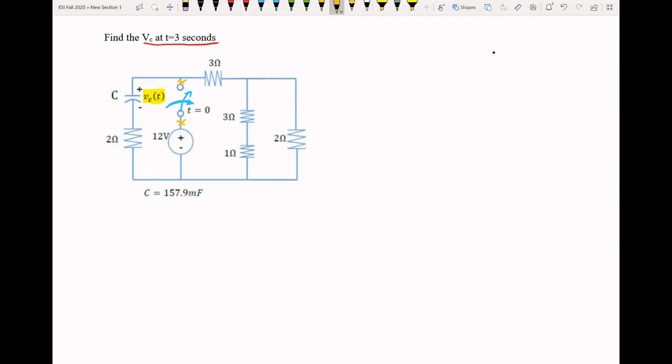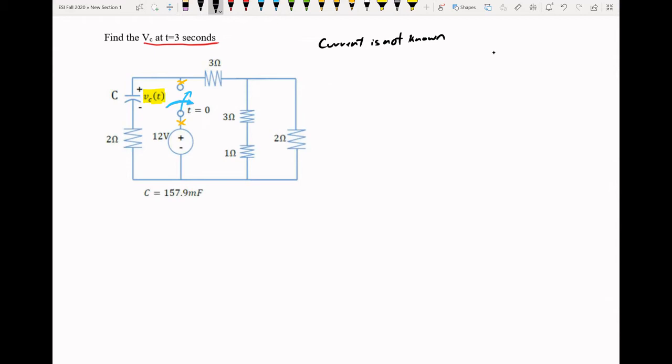Okay, so now that we have that figured out, what we can do is say that we know the current is unknown. Since the current is not known, that's another issue that we have with this problem.